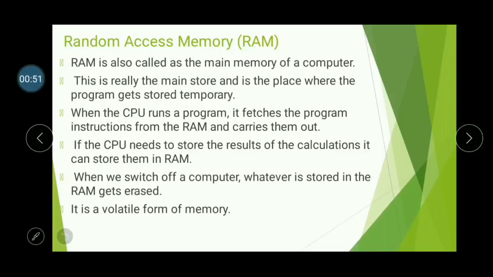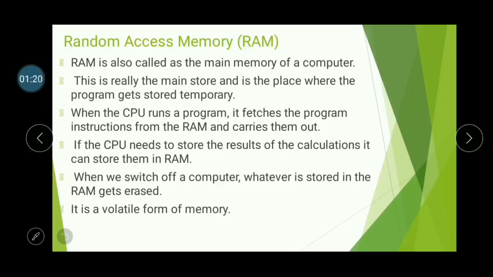The data and information stored in the random access memory is not permanent, it is a temporary memory device. When the CPU runs a program, it fetches the program instructions from the RAM and carries them out. If the CPU needs to store the result of the calculations, it can store them in random access memory.